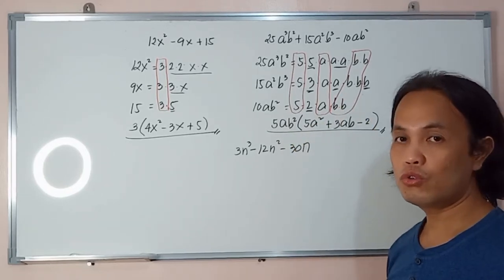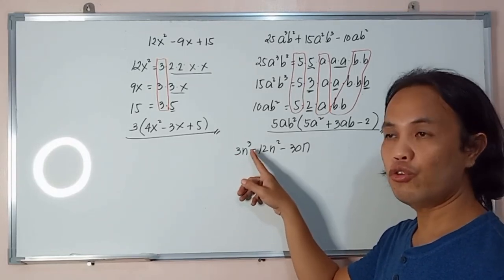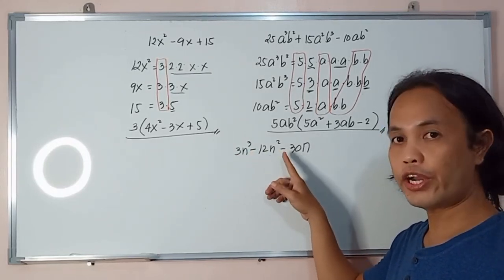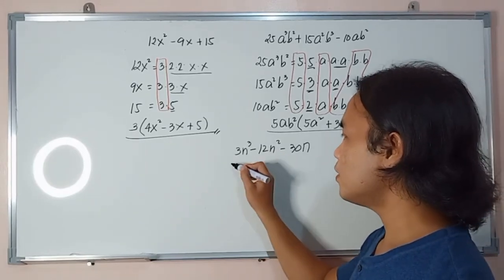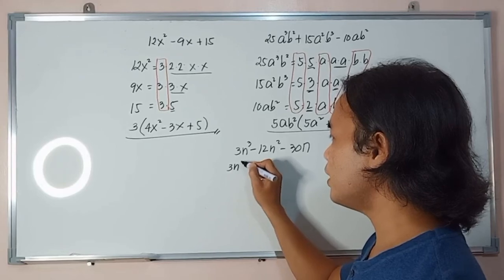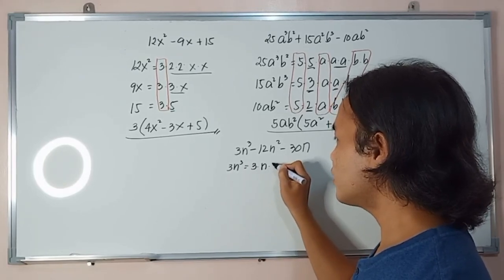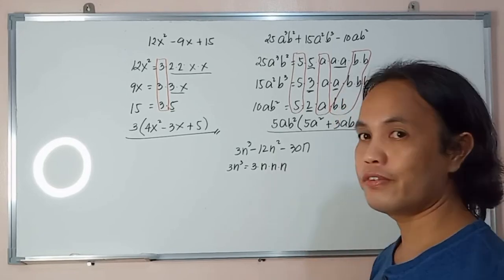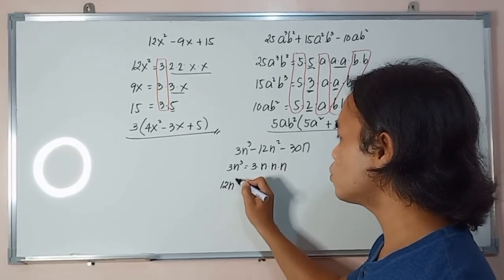Then let's go to our last example. We have 3n cubed minus 12n squared minus 30n. Okay, let's do prime factorization for the first term, 3n cubed. So we write 3 times n times n times n. First term. Second term, we have 12n squared.